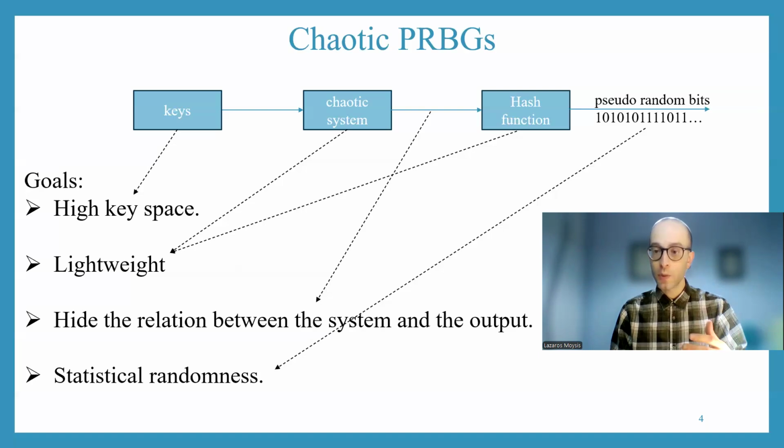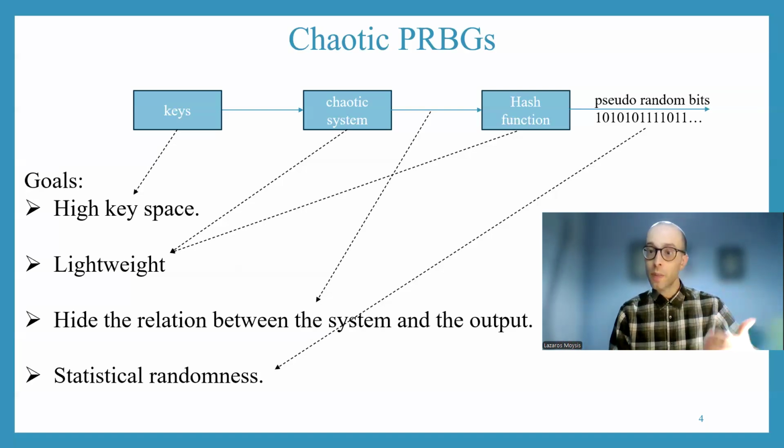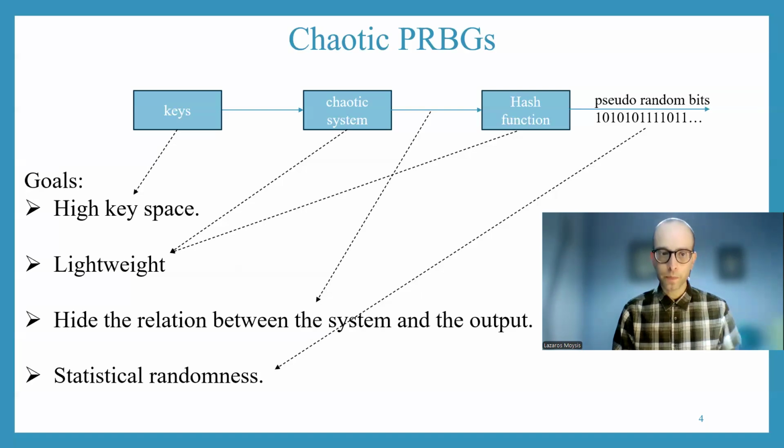If our key space is very, very large, doing this simple for loop will fail because it will take a lot of years to find the correct keys. So the key space needs to be very high.